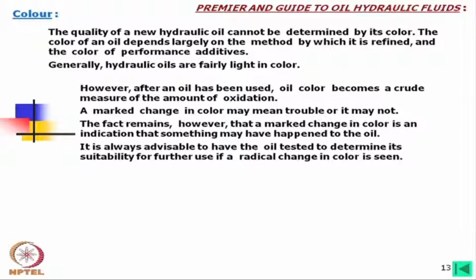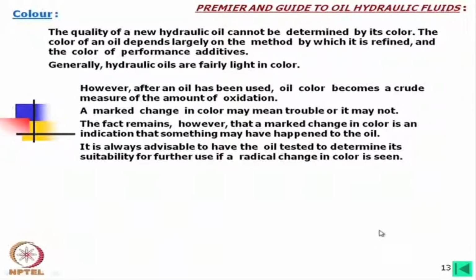That gives an indication that there is something wrong not only in the oil, but in the system also. So becoming expert in knowing the color of the oil, to guess what the problem might be, is good experience.